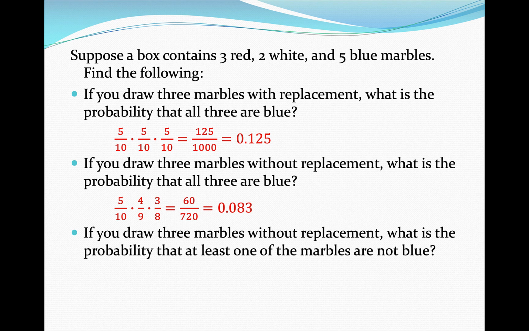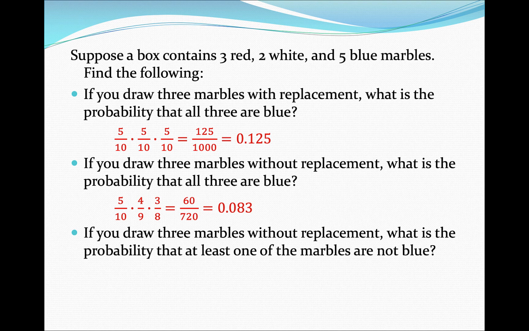So this is one of those scenarios where you could calculate it directly. However, if you calculate it directly, it's going to be kind of messy, because if you're looking at least one is not blue, well, it could be the first one that is not blue, or the second one is not blue, or the third one is not blue. Or it could be the first 2 are not blue, or the last 2, or the first and last.